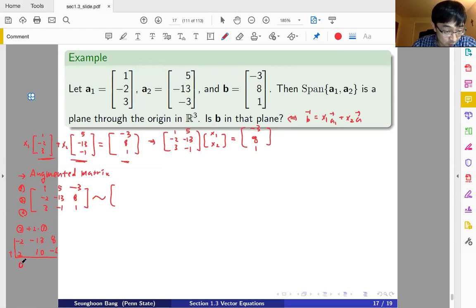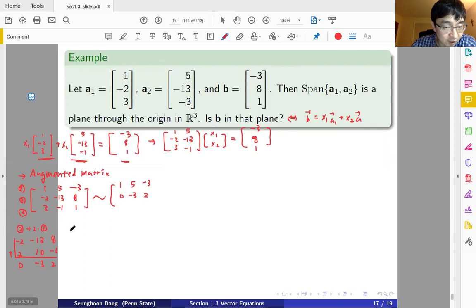We have 0, negative 3, and 2. So the first row is 1, 5, negative 3, and the second row is 0, negative 3, 2. The next one, eliminate 3, the first entry in the third row.